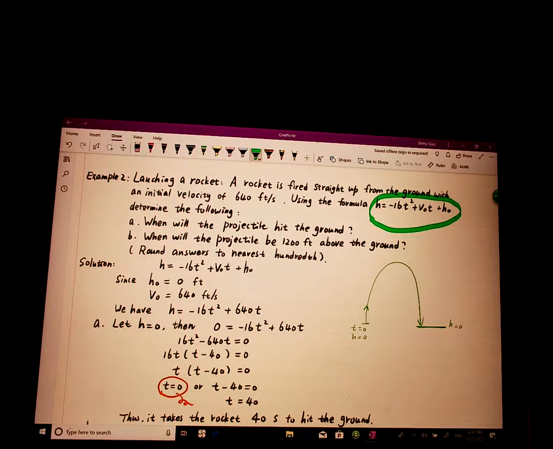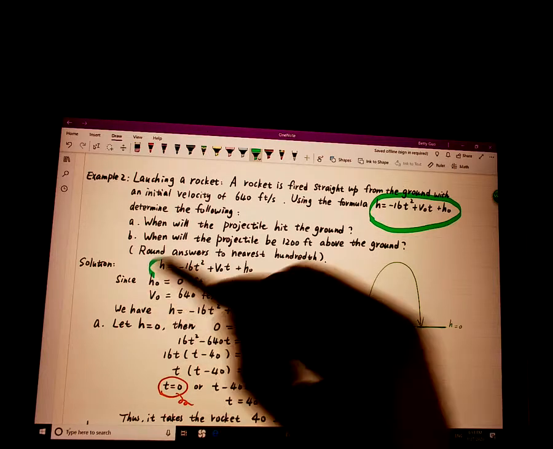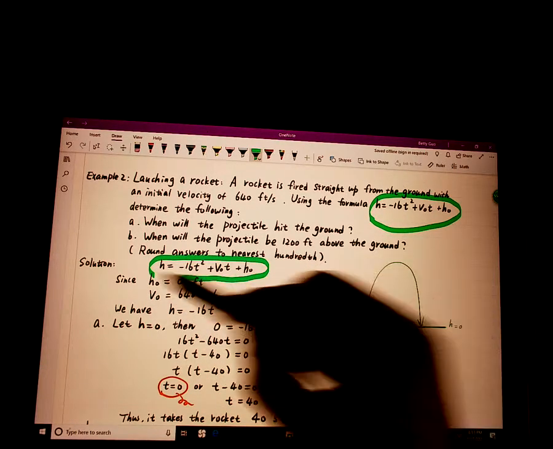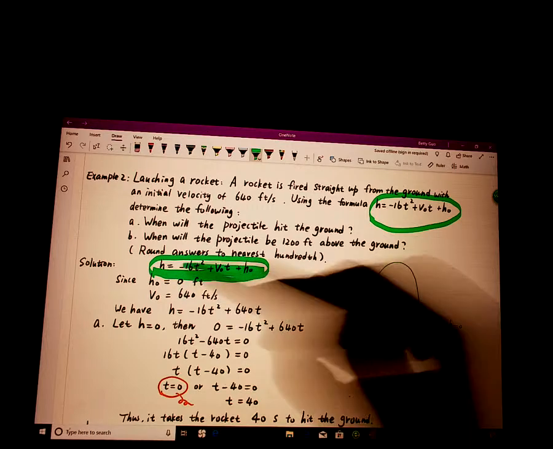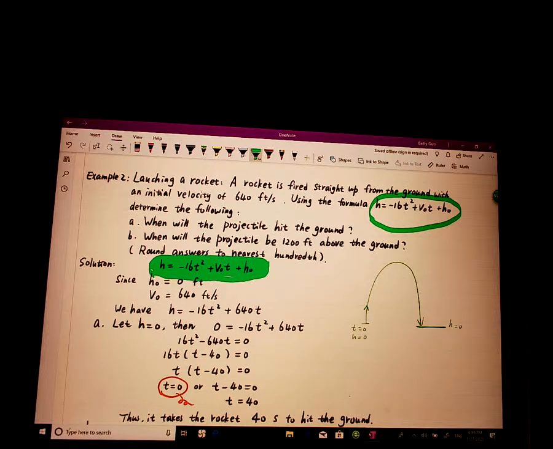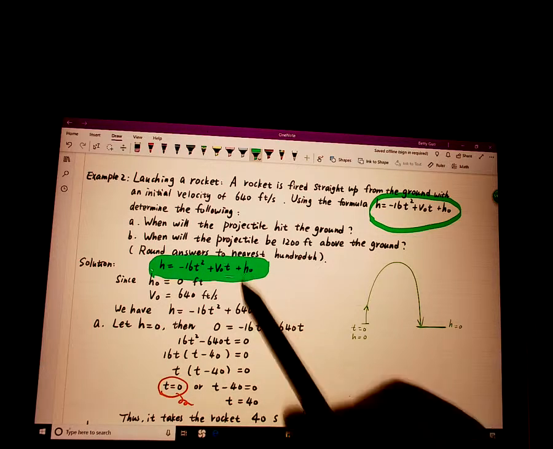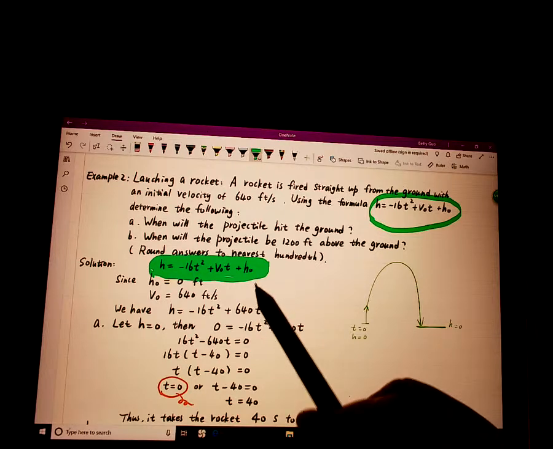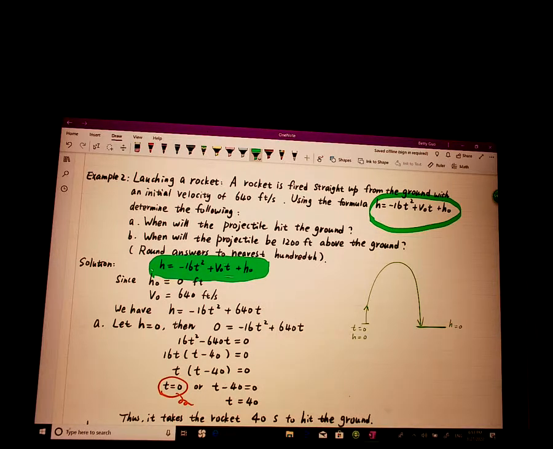All right, so let's see. This actually is a function. On the left-hand side of the equation, we have h, the height of the projectile. On the right-hand side, that is a function in t. T here is an independent variable, because when you fire a projectile, the height of the projectile depends on the time.